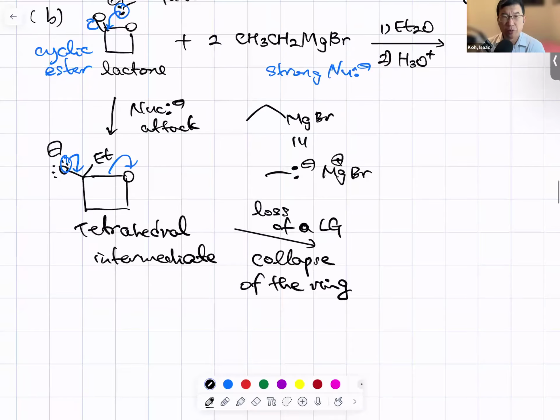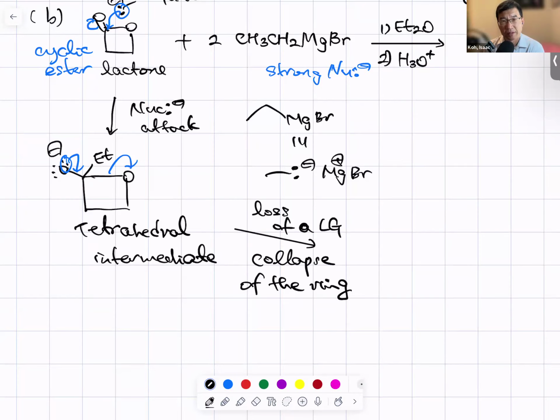Here is the motivation. The four-member ring has ring strain, not as much as a three-member ring structure, but four-member ring is not stable. Like five or six-member ring structure is stable, but four-member ring has ring strain, so it is readily opening. Also this is highly basic condition.